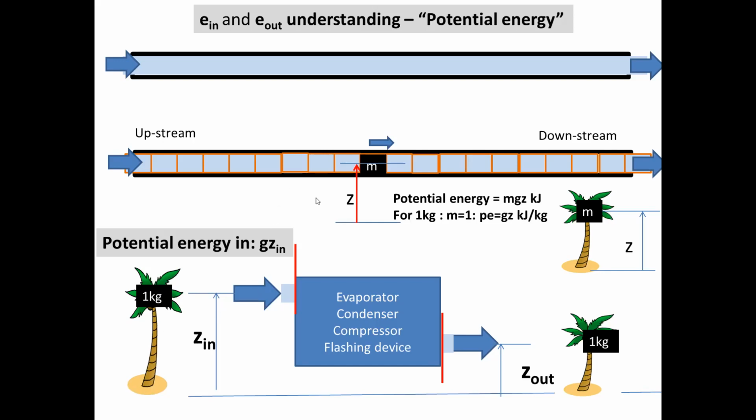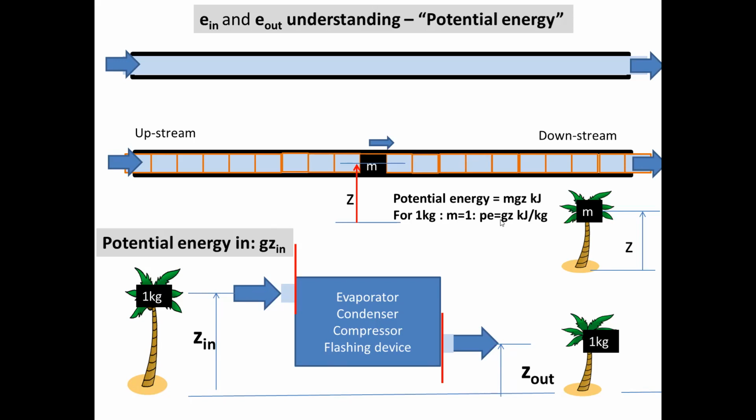Imagine this like a coconut, this flowing one, and this level high. Imagine a datum here for the gravitational potential: mg is Z in, and when this height is Z out, mg is Z out. Okay.